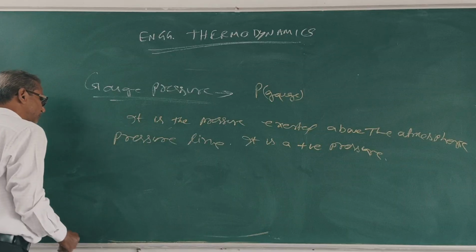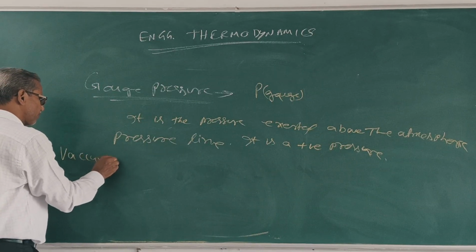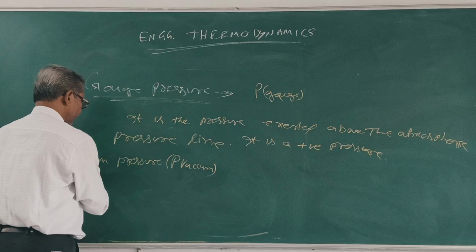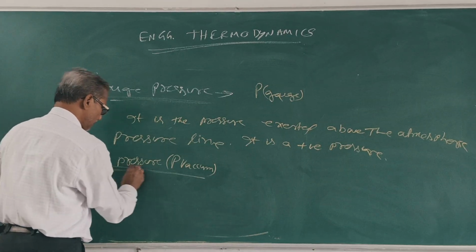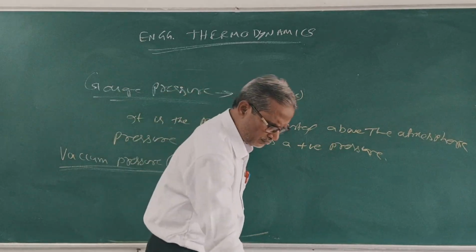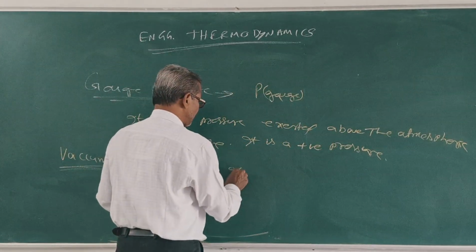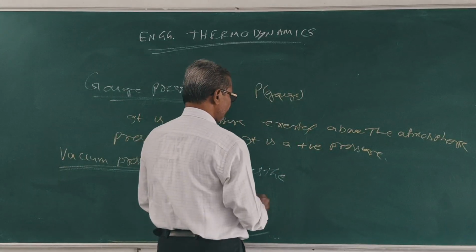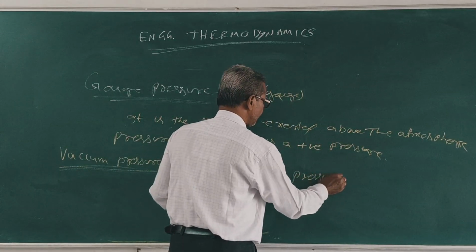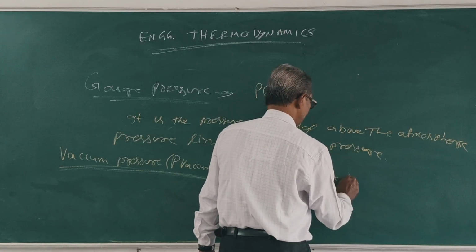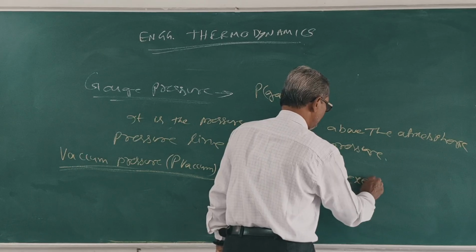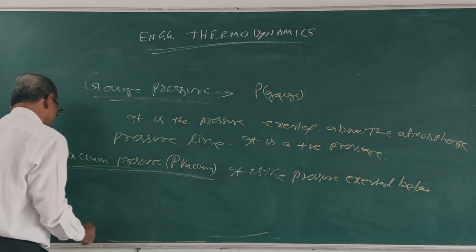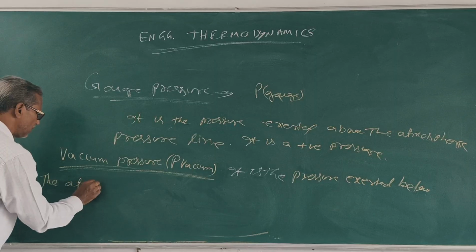Next, vacuum pressure. P vacuum. This is negative pressure which is exerted below the atmospheric pressure line.